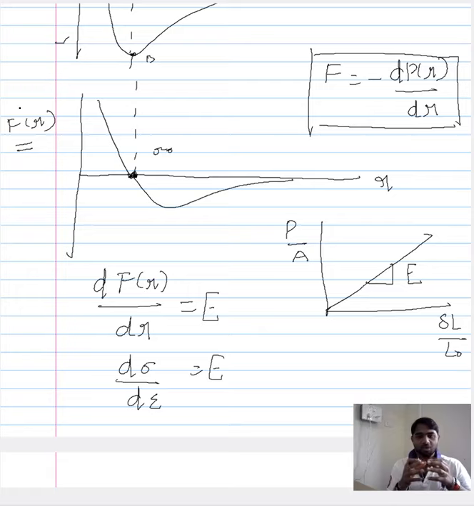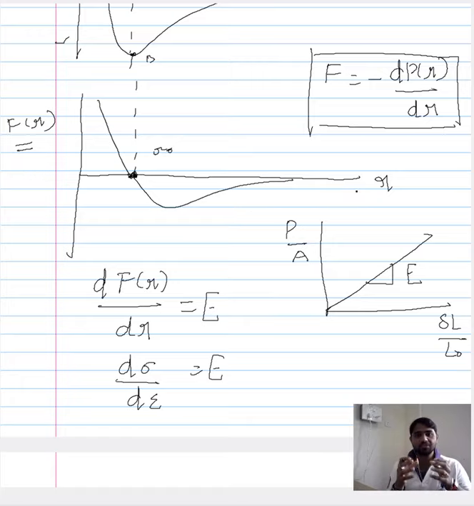So this is why we began by plotting the potential energy curve between the two atoms. With that understanding of the interaction potential energy between two atoms, we translated that to the force experienced by the atoms, and now we have a plot for the force experienced by the atom with respect to its interatomic distance.